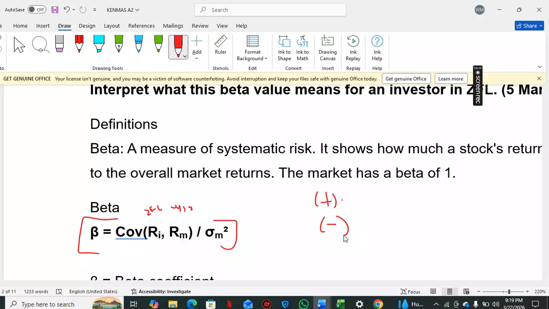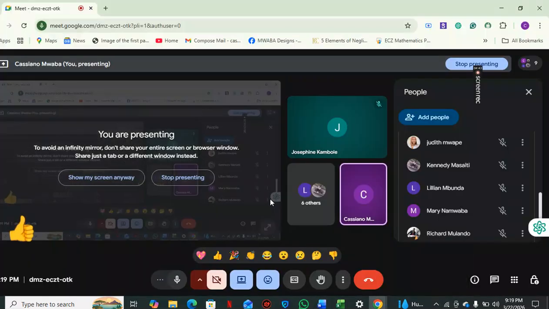So you might ask yourself, what's the importance of this in investment management? Well, whenever you are making a portfolio, colleagues, remember, a portfolio is a group of stocks that you combine. Maybe buy shares in ShopRite, Zambia Breweries, you buy shares in different companies.